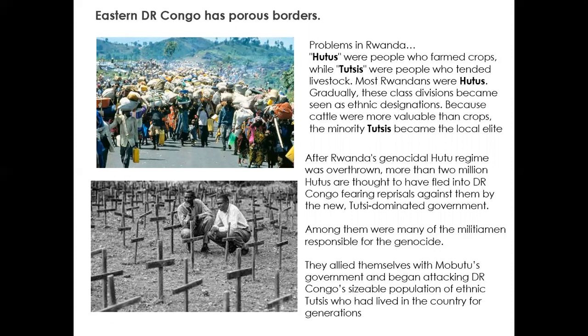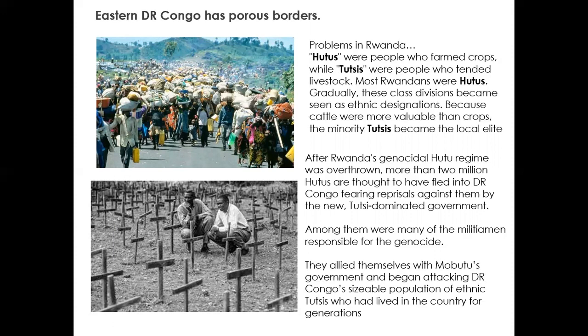The problem was that amongst these refugees, these Hutus who were fleeing Rwanda, were the militiamen, those responsible for the genocide, who soon allied themselves with President Mobutu and began attacking Tutsis who had lived in the DRC for generations.